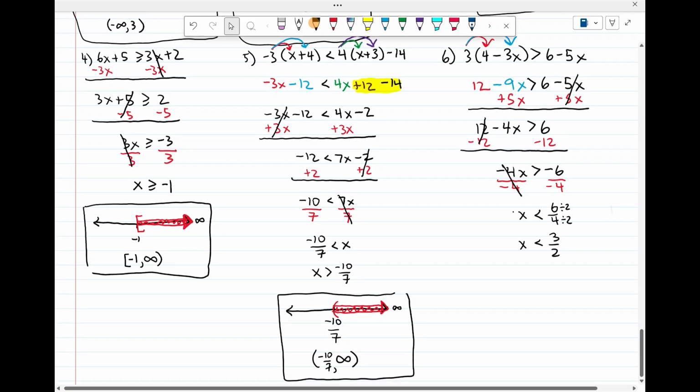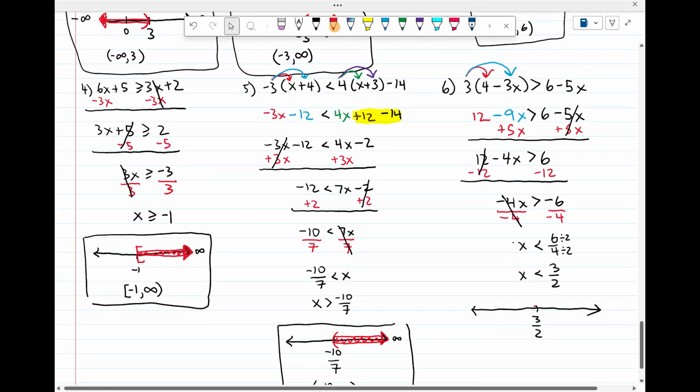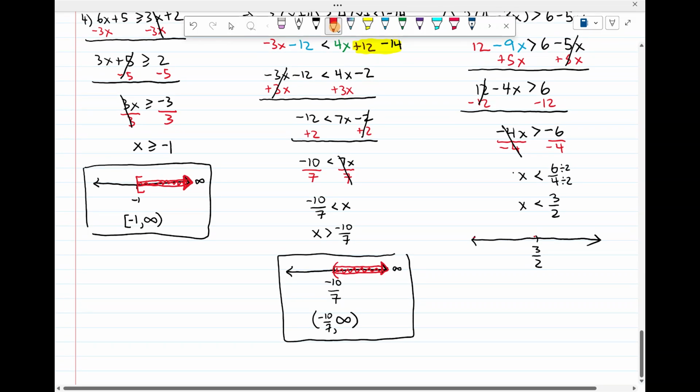Let's express this answer, and that can't be simplified any further. Let's express this answer two different ways. First, on the number line, this will be 3/2, and we're going less than. So that'll be to the left.